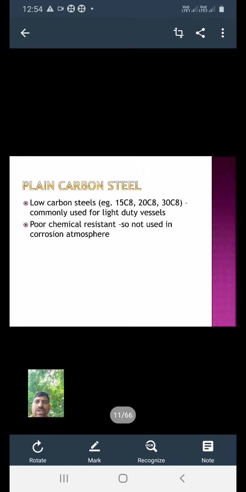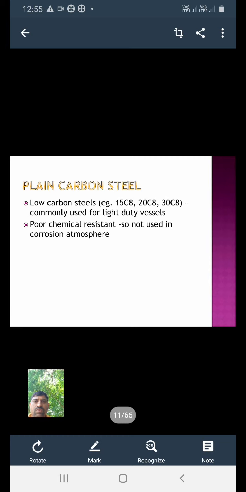Then the next material is plain carbon steel. 15C8, 20C8 and 30C8 are most commonly used for light duty vessels. Where we want a light duty vessel, at that time you should choose plain carbon steel.